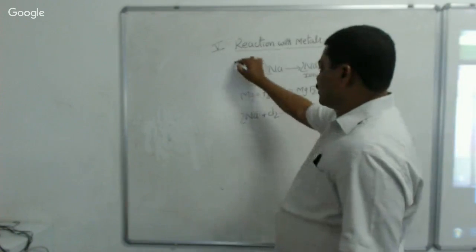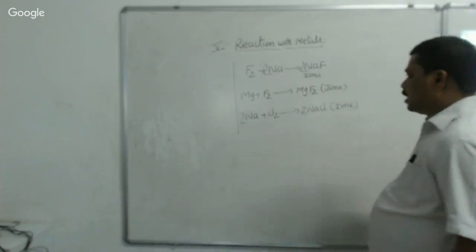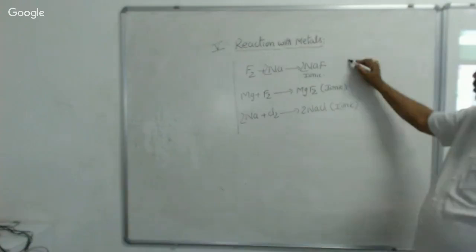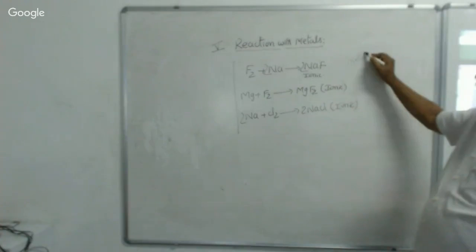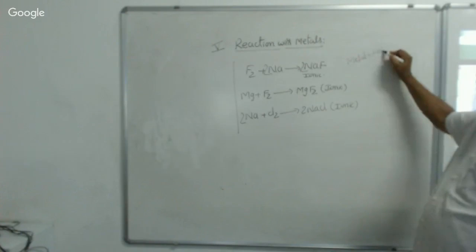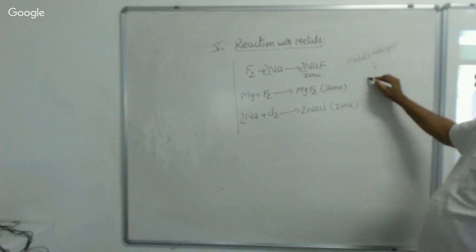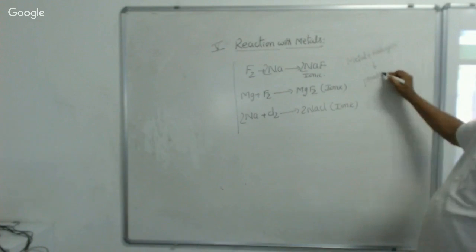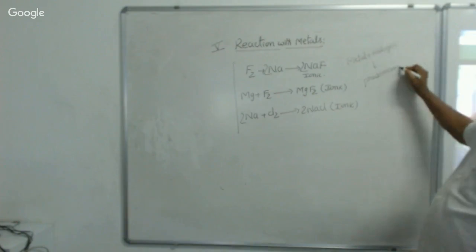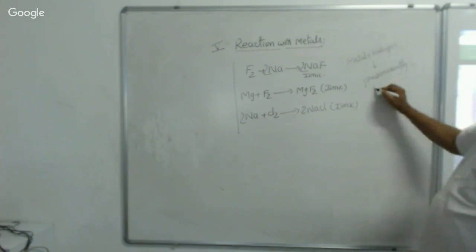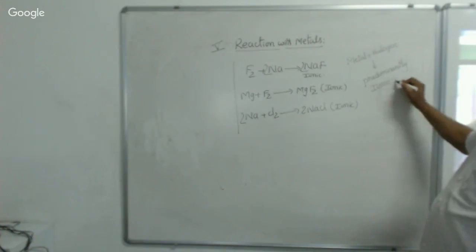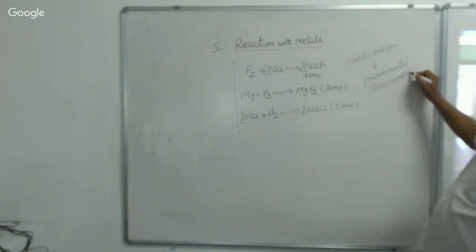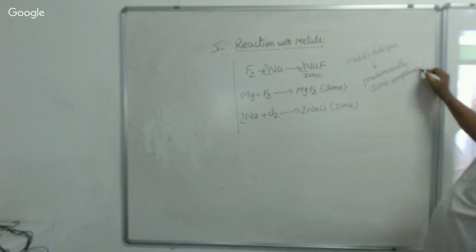So metals and halogens predominantly form ionic compounds.